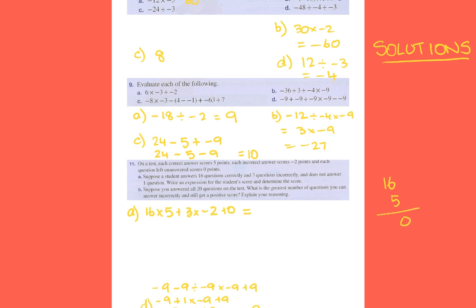But let's do 16 times 5, just double check. And part B is going to be a bit of an experiment, trialing different answers. The correct answer is 14.